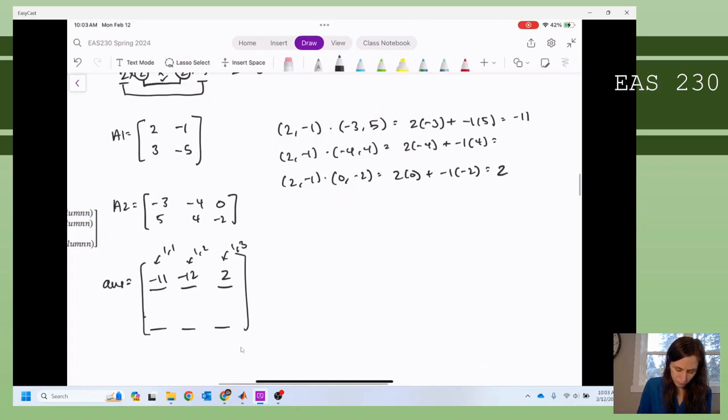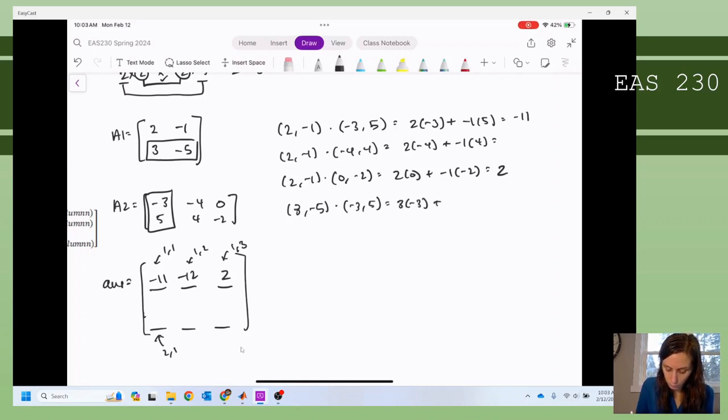Down here, now it's row 2, column 1. So I'm going to grab row 2, column 1. Dot product. 3 times -3 plus -5 times 5, or -9 minus 25, which is -34.